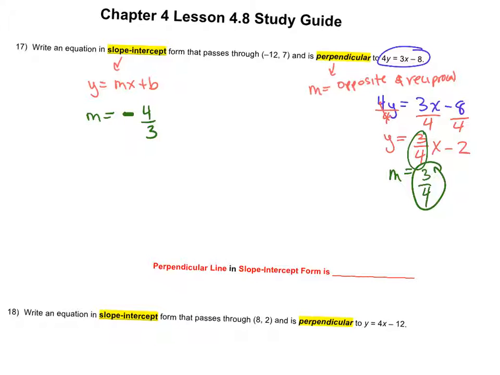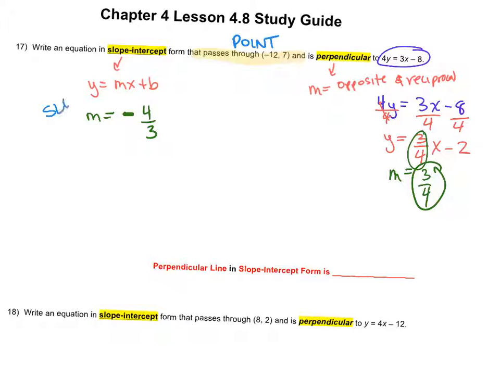But I'm not asked just for the slope, I'm asked for the equation. What are the two things that now I have for my new line? I have a point. How do I know? Because it tells me I passed through negative 12, 7.